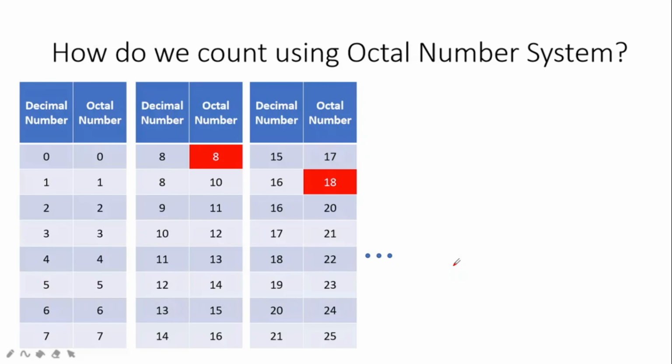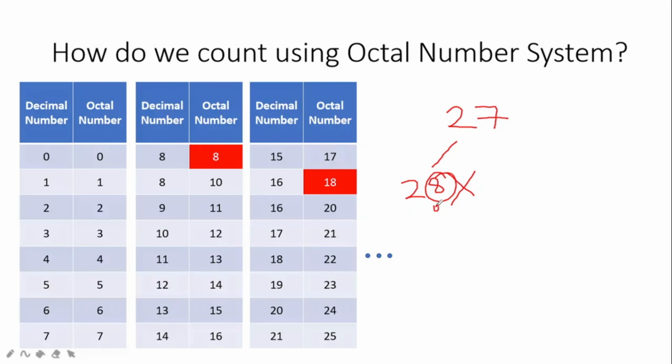Now let's see what will come after 27. Is it 28? No, because it contains 8 at the 0th position. Now remember one thing: if the number contains any digit that does not belong to our symbol set for the octal number system, the number does not belong to the octal number system.